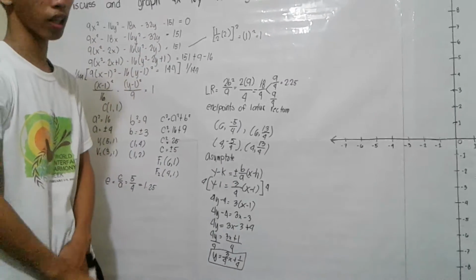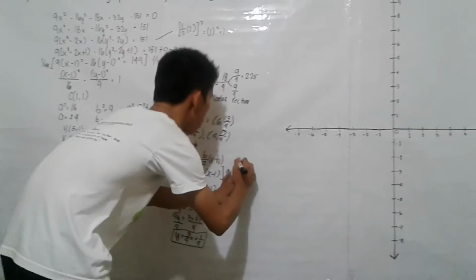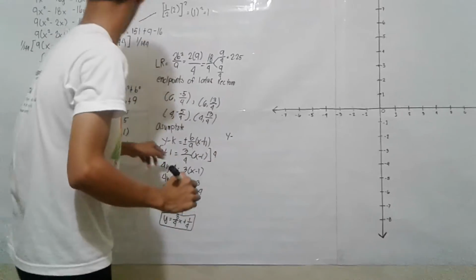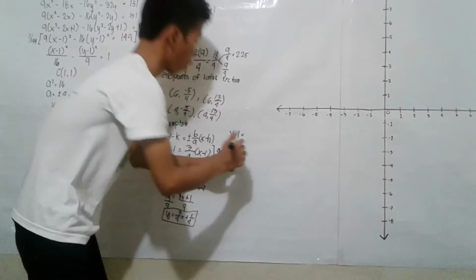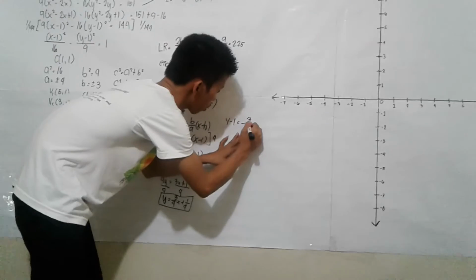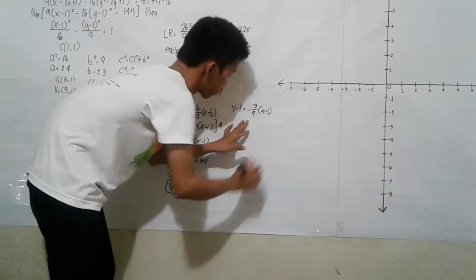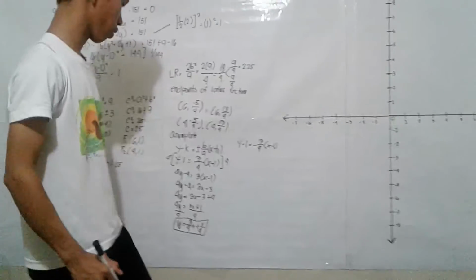So next is in the negative. So the formula is y, then substitute 1, is equal to, so we use the negative 1, so negative 3 over 4 x minus 1. So multiply the whole equation by 4.